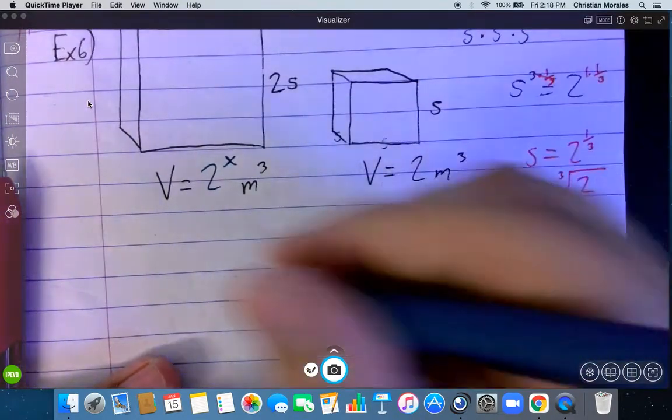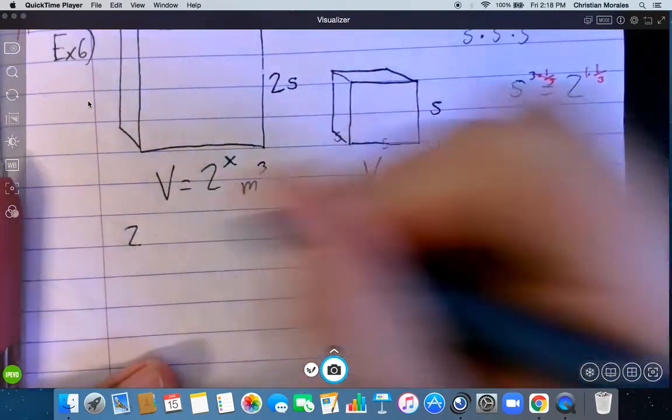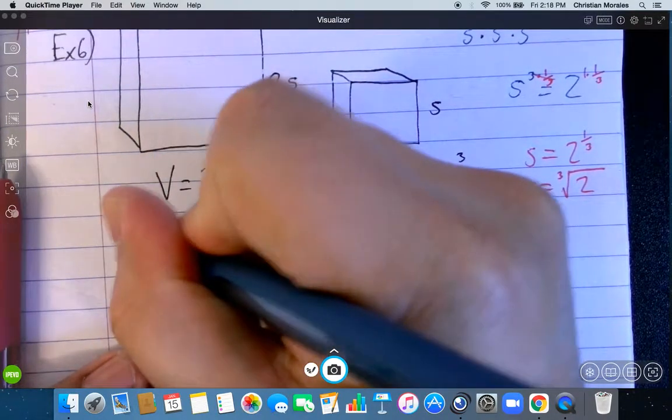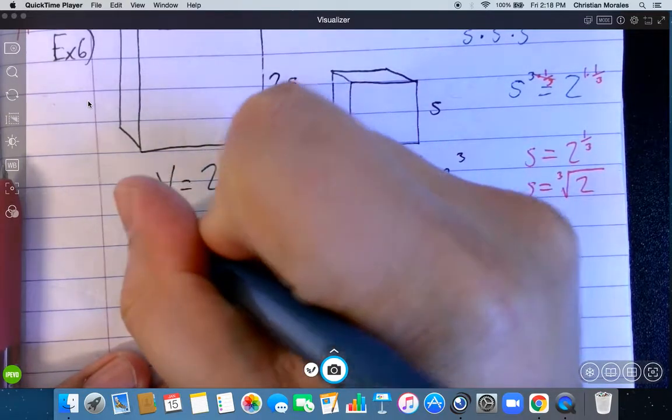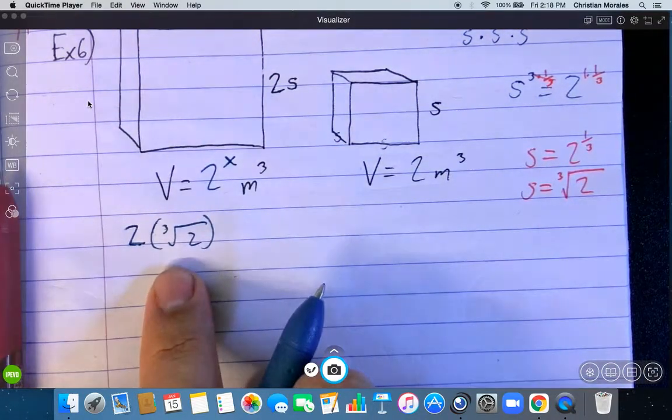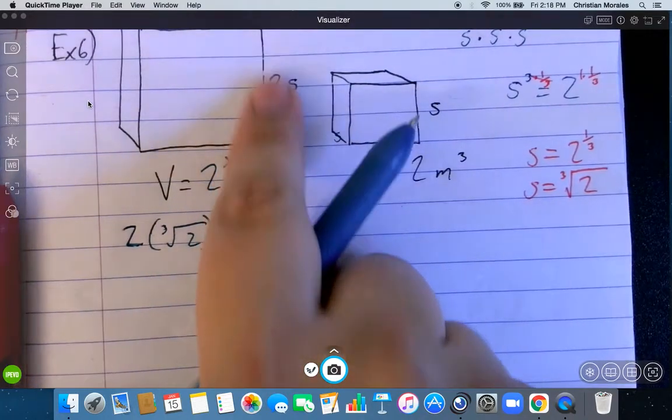If you know that that side is double this, 2 times cube root of 2, that's the side here.